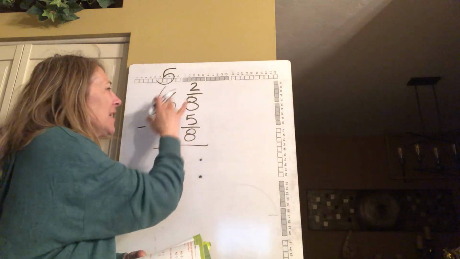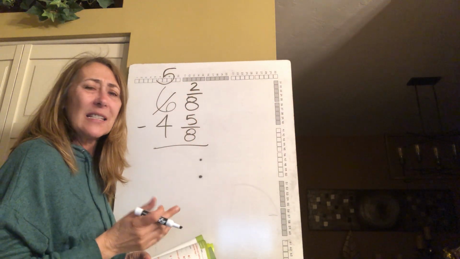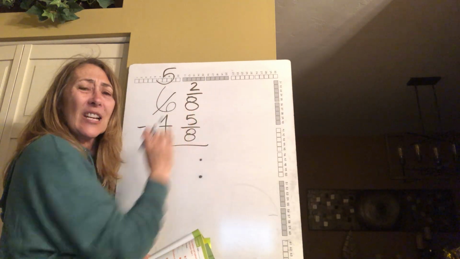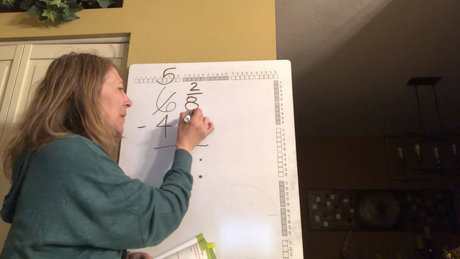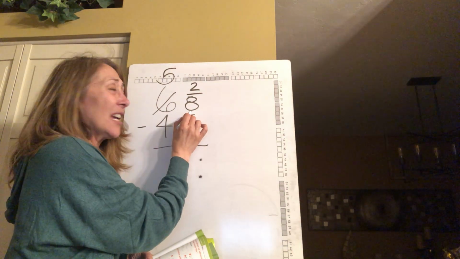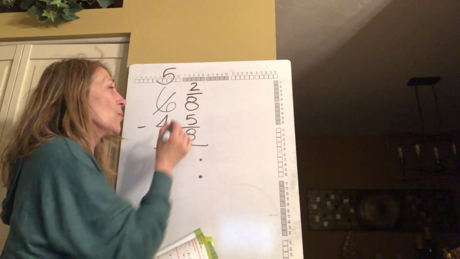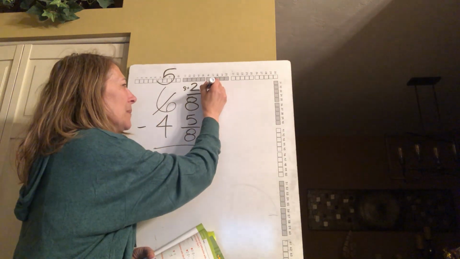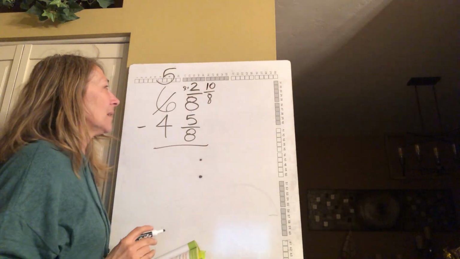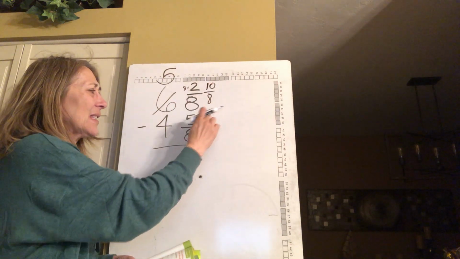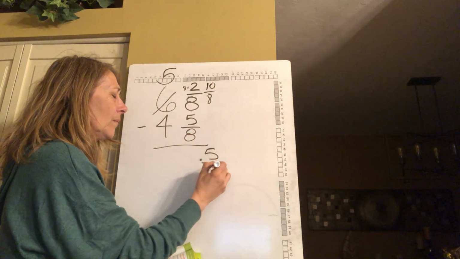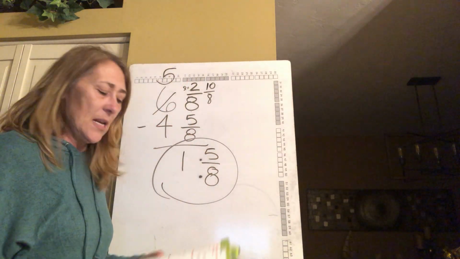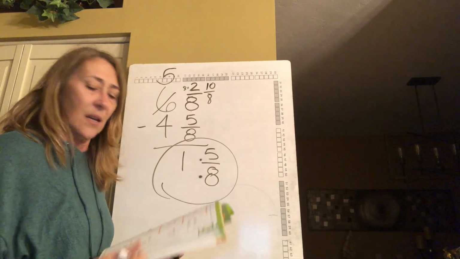We've done that before. But now I need fractional pieces. But remember, I'm not just going to add the 1 to there because there's 8 pieces in a whole. So I'm going to add those 8 pieces, whatever my denominator is, tells me how many pieces I'm adding to the numerator. So it would be 8 plus 2. So 8 plus 2 becomes 10/8. Now I'm ready. 10/8 minus 5/8. 5/8. 5 minus 4 is 1. My answer is 1 5/8.